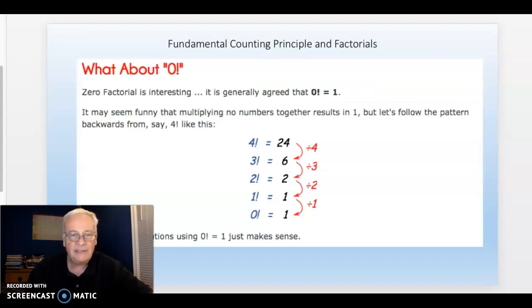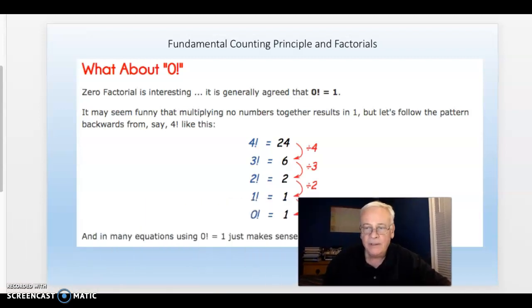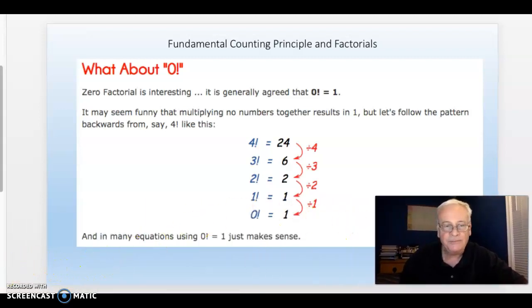Guys, this was our last definition word. By definition, 0 factorial is equal to 1. It doesn't equal 0. It equals 1. By definition. Just accept it. It works better if it's equal to 1.